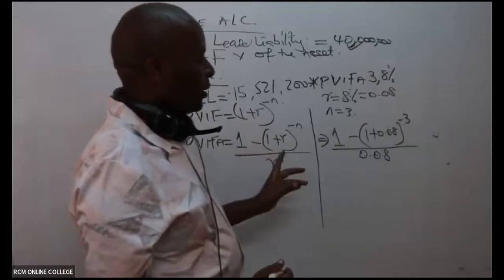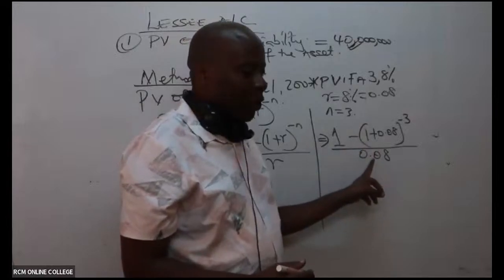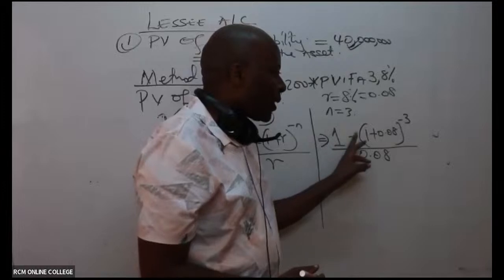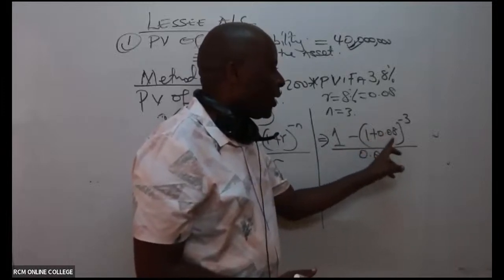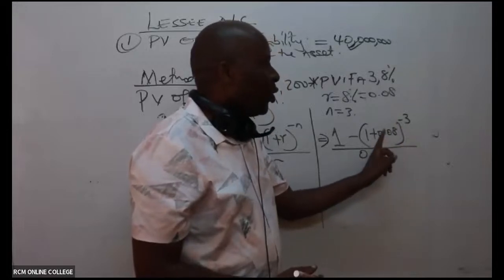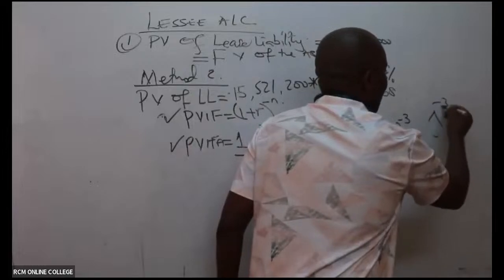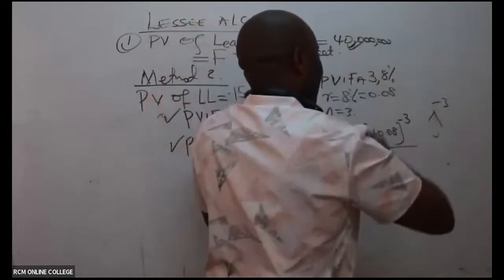In your calculator, you will say 1 minus, open brackets. You must always open brackets here. You say 1 plus 0.08, close your brackets, then raised to negative 3, and then you say equals to take care of this upper bracket.